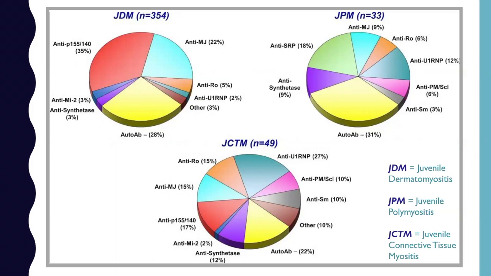But there's also kids that have JPM, so this is juvenile polymyositis. It's the classical muscle weakness without the rash. And you can see the percentages of different autoantibodies that occur are very different than in the JDM group. And the last one is juvenile connective tissue myositis, and again, different percentages. So we know these autoantibodies are occurring at different rates depending on kind of what type of disease you have.